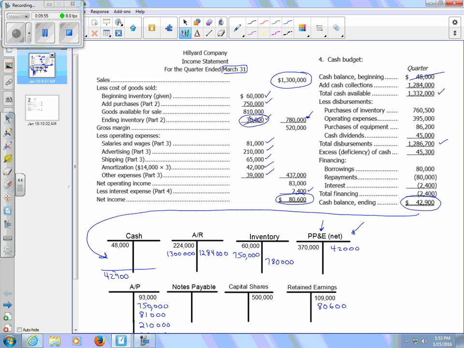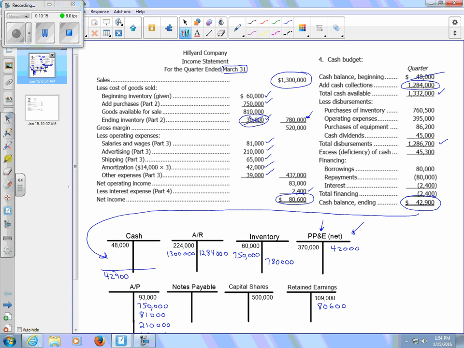I took the cash collections and took it out of the accounts receivable account. All right, remember that everything on this cash budget is a cash disbursement.